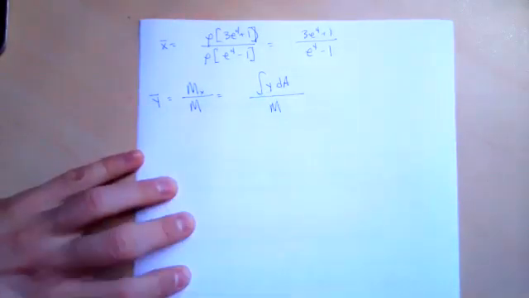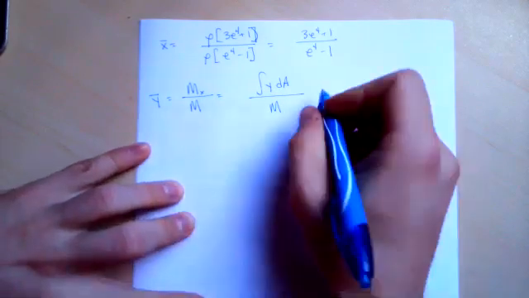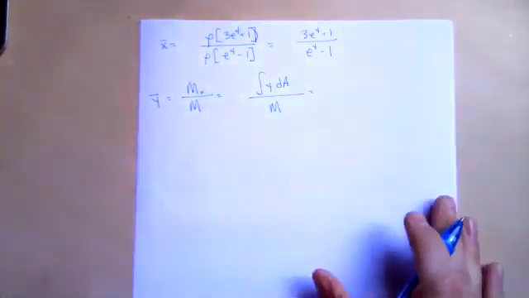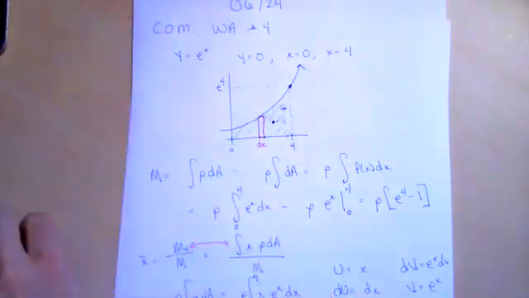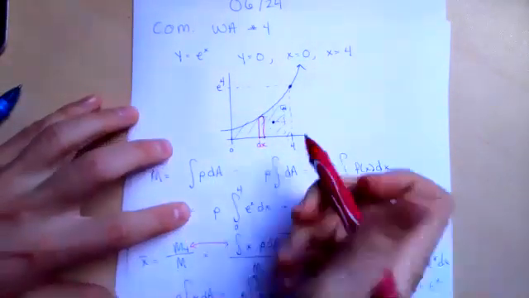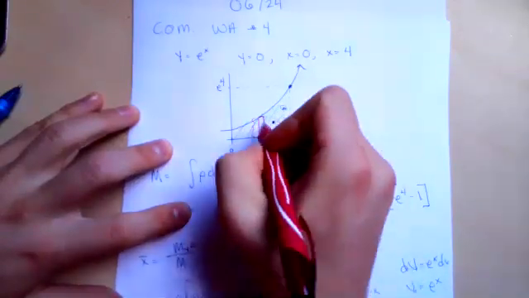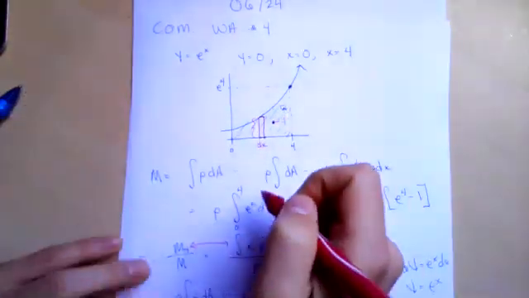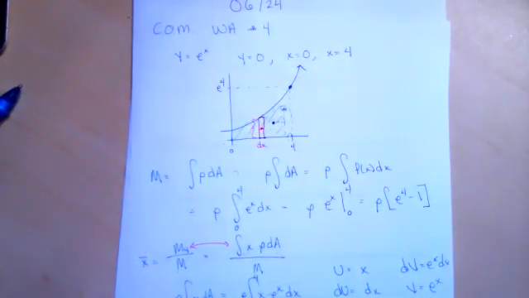So how do we deal with this in Calc 2 now? Well, I want to integrate with respect to x. And so relative to these slices, if this is my slice, it has a height of y. What is the average y value on just that slice?